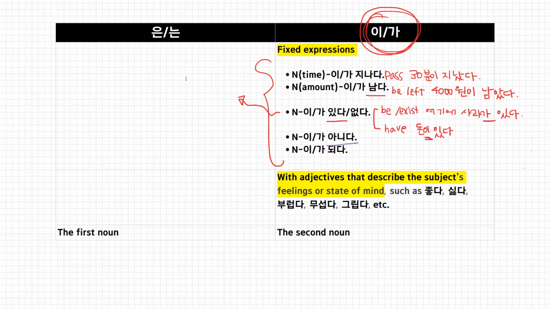이가 아니다. To be not. 이가 되다. To become. These are a bit special. Like in English, these verbs need to have a complement. For example, I'm not a student. I is the subject. And student, another noun, is the complement. He became a teacher.